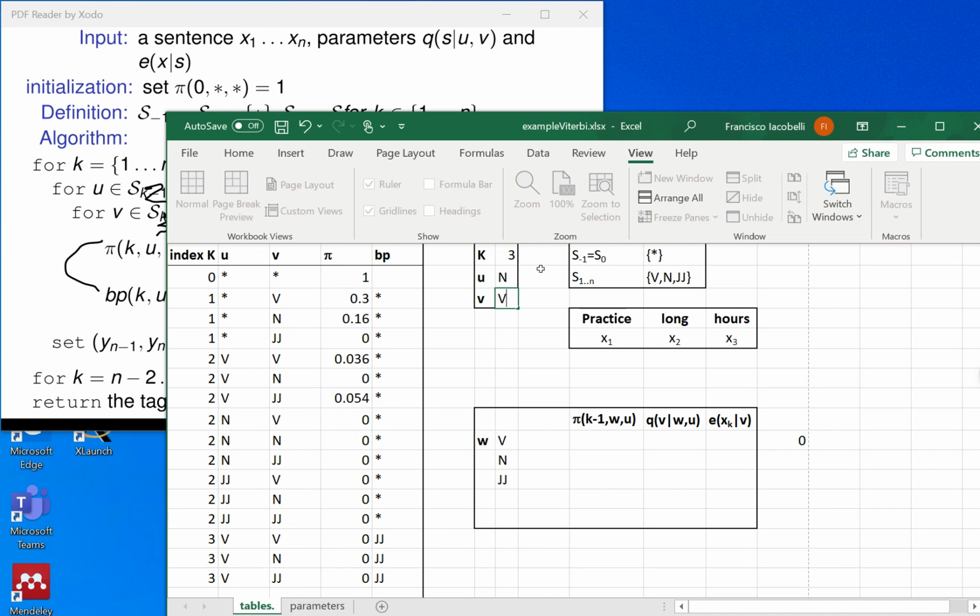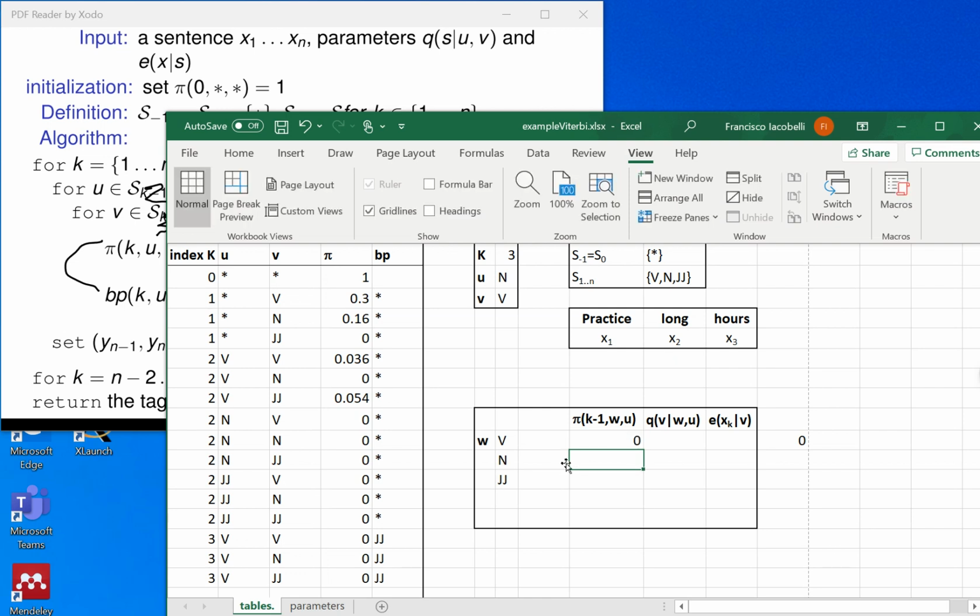W is still looping through S1 because K hasn't changed. So what is pi of 2 VN? 2VN is 0. Okay, that was easy.